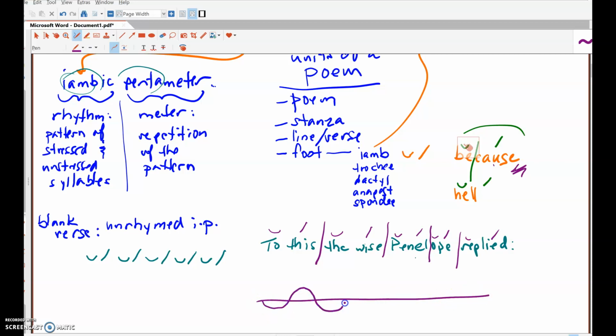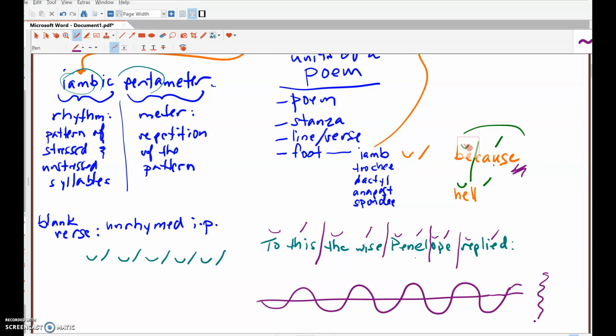We tend to speak iambically, and it follows this beautiful little sine curve. Those of you who are in math know what I'm talking about. Well, you should all know what I'm talking about there. Okay? So it's a very natural way to translate something into the English language, because, as I said, English is a naturally iambic language.